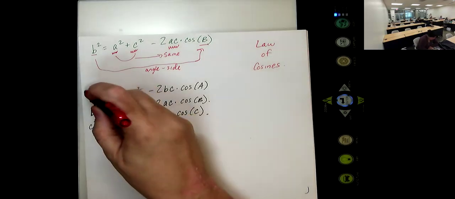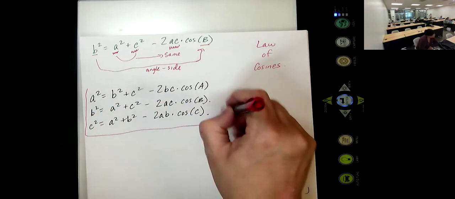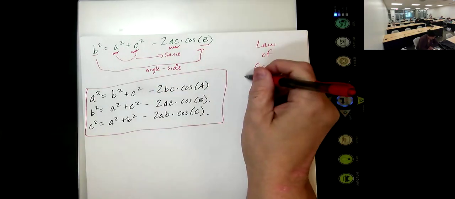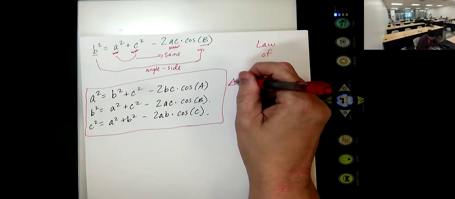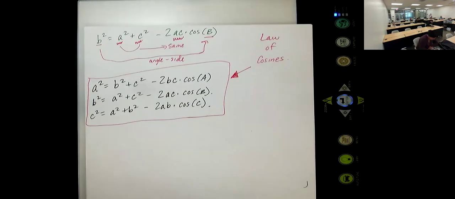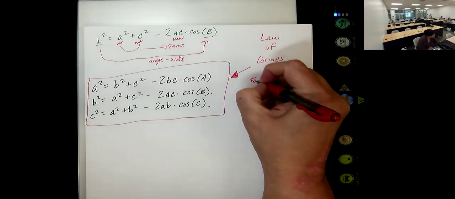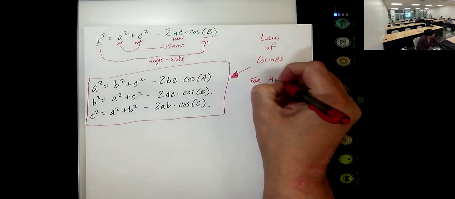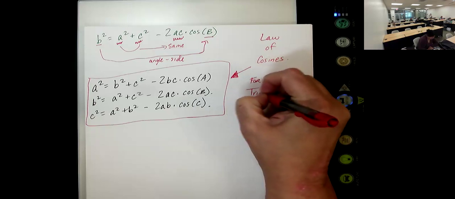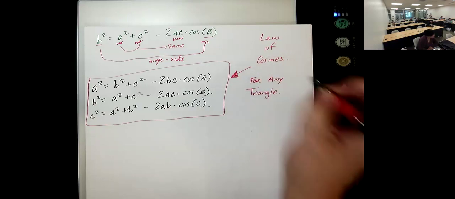These are the 3 forms of the law of cosines, and that's for any triangle, not just right triangles.